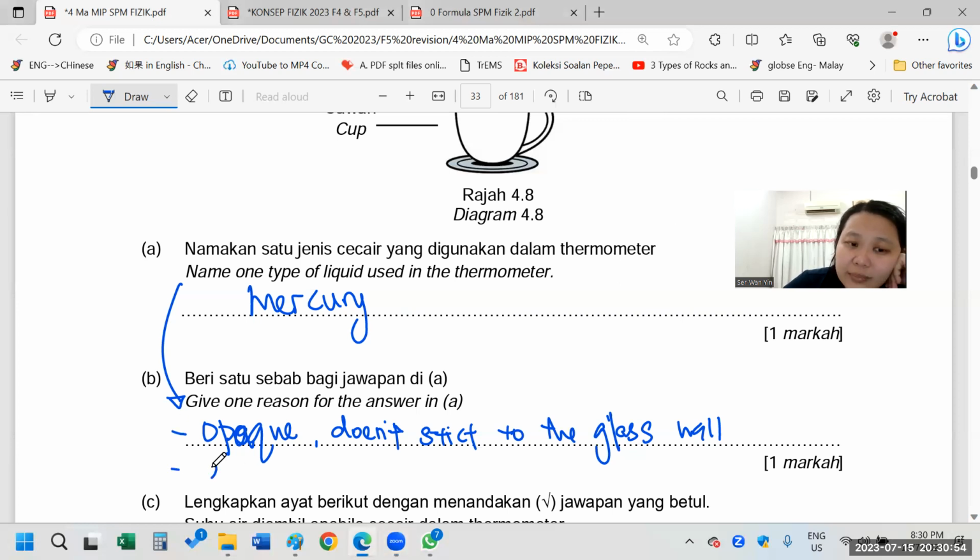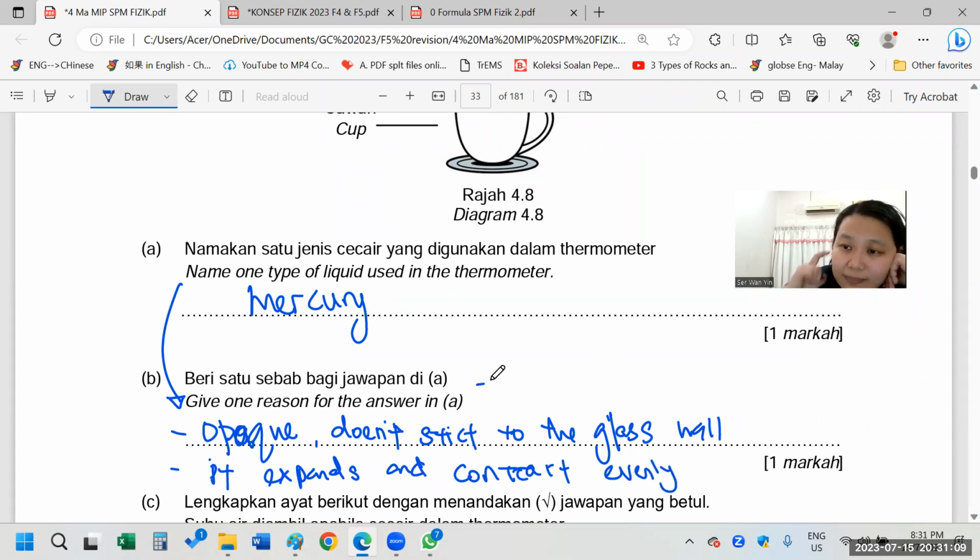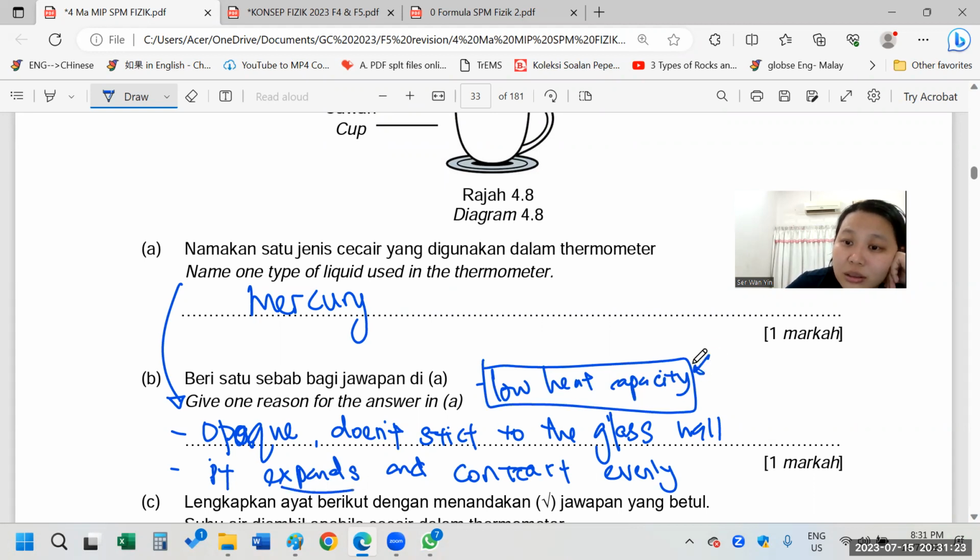We can say Mercury expands and contracts evenly. Or we say, like Braden said, low heat capacity. Not necessary, because we want the expansion. So the best is this one, short and nice. Opaque means cannot see through.